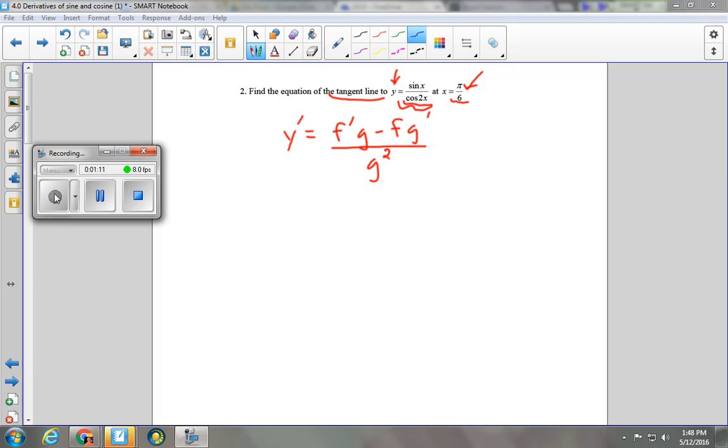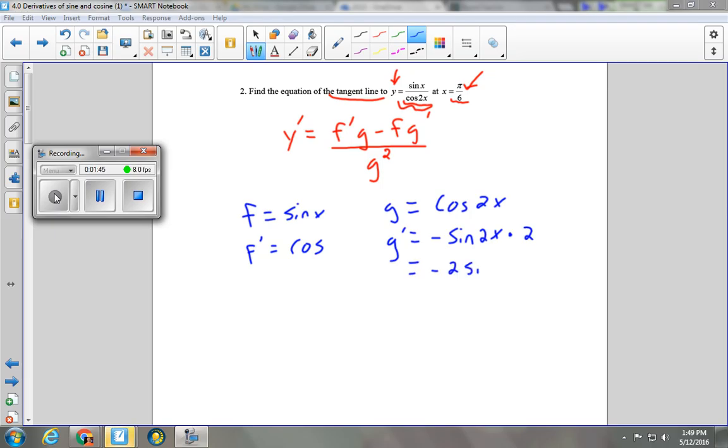In this case, f is equal to sine x, f prime is cos x, g is cos 2x, and g prime is going to be negative sine 2x times 2, so that's equal to negative 2 sine 2x.